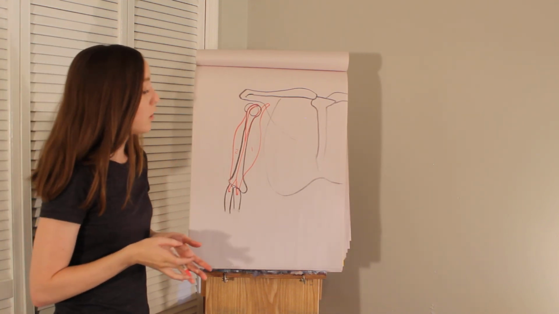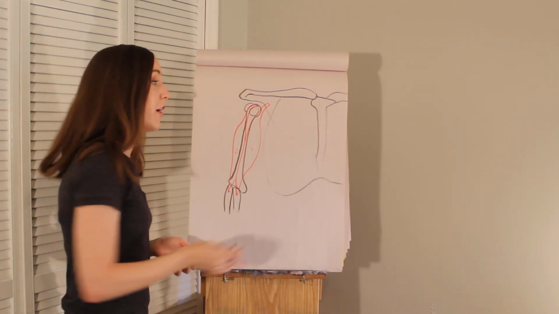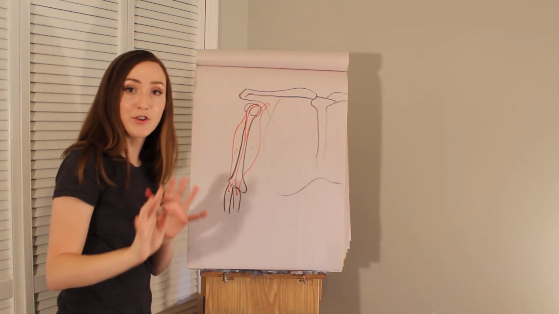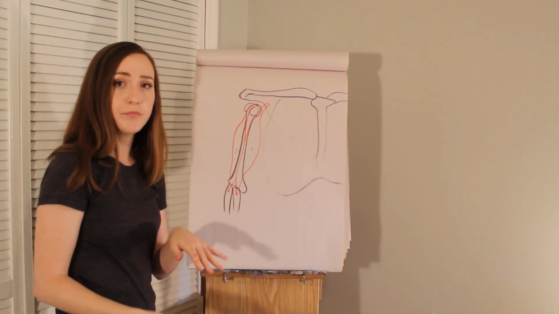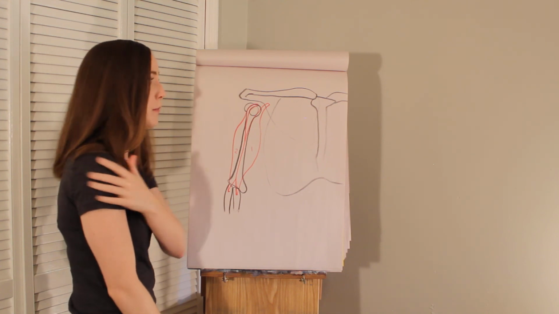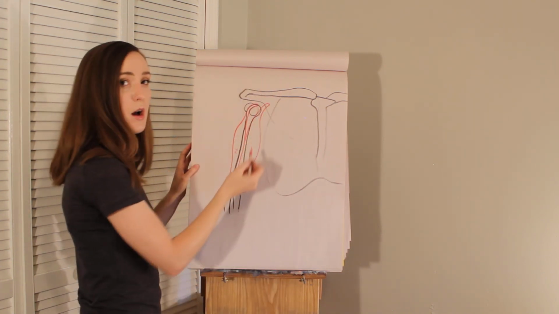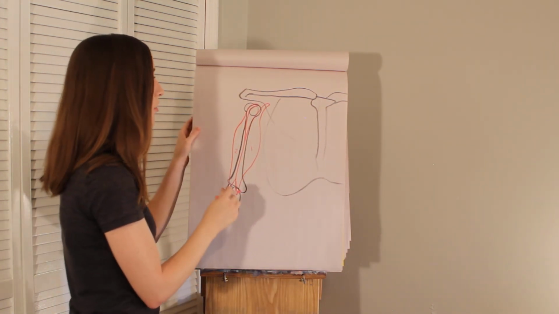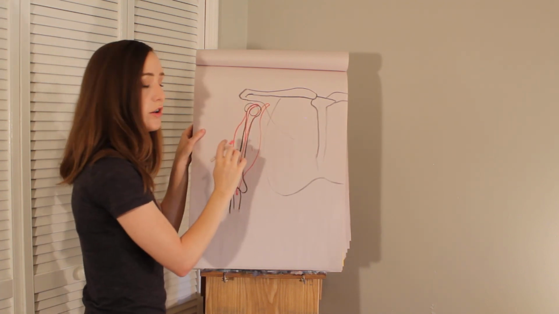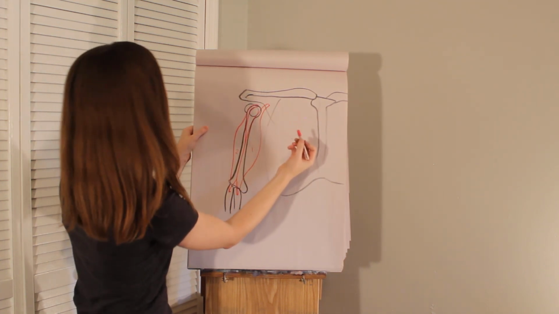Now there's only one more muscle that we need to talk about, and it's going to cover up all this complication. It's the deltoid. It's that shoulder cap. It's not going to go on top of the acromion process or the clavicle. It's going to kind of hook onto it, cliffhanger.